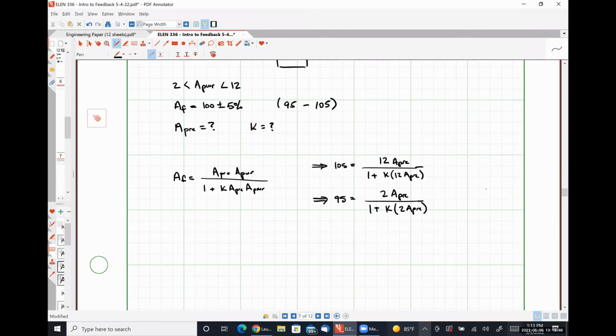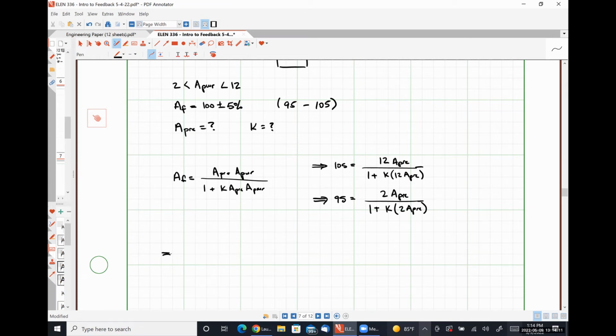So what I'm going to do now is take the ratio of these two things. And that's going to allow me to calculate Ka pre. And from there, I can calculate K and A pre individually, depending on the constraints of our system.